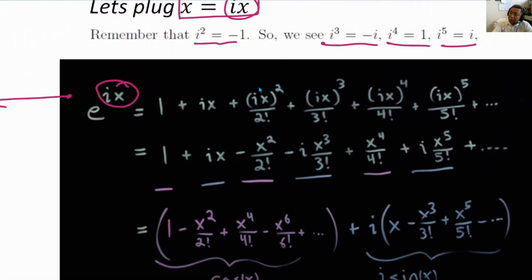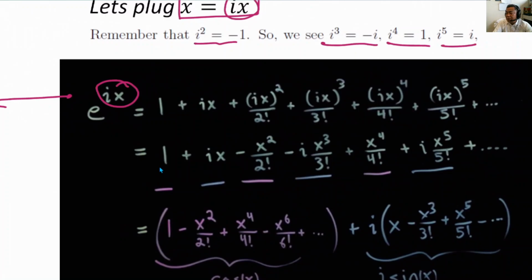We then open up the brackets: (ix) squared becomes minus x squared, because i squared becomes a real number and the positive sign becomes negative. i cubed becomes minus i, so we have minus i here. i^4 becomes real again, it becomes 1, so it is x^4.